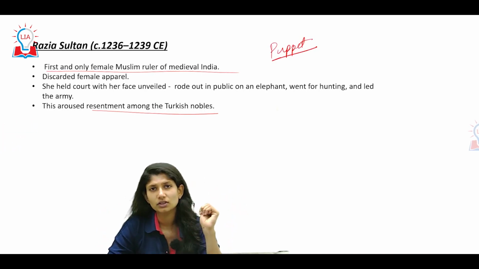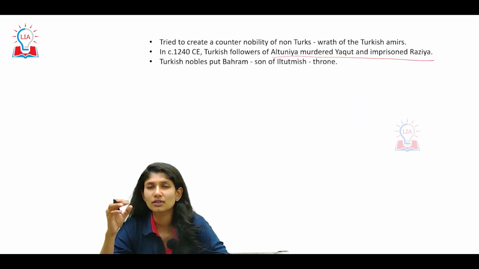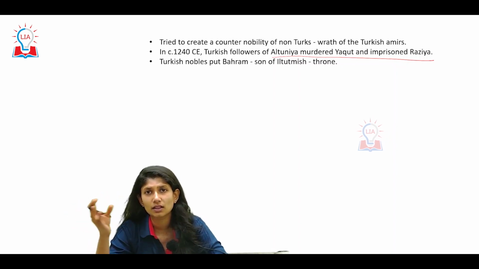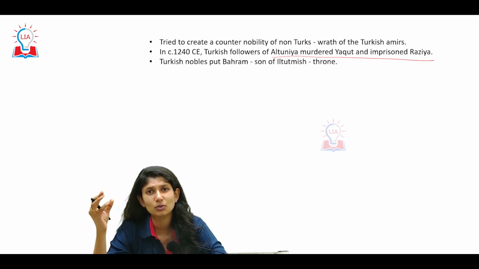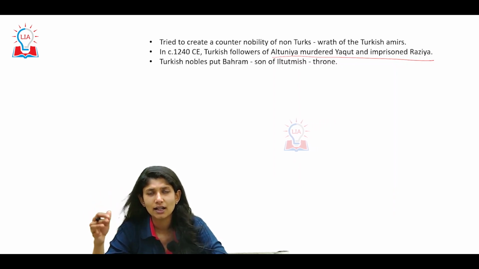But she wasn't. This enraged them, and they planned to discard her. First, they tried to imprison Razia Sultana, but she made a deal with her captor, and finally she tried to rise back. But at this point the Turkish nobles had become so strong that they eliminated her and brought Iltutmish's son back on the throne.